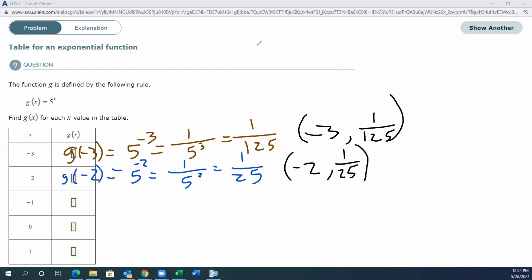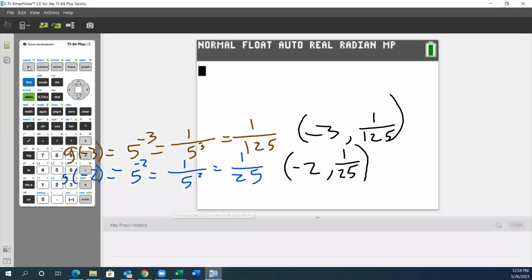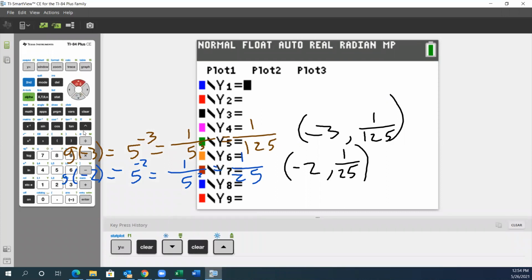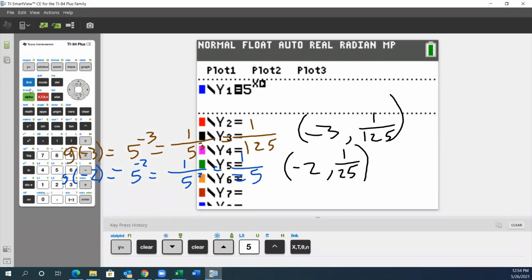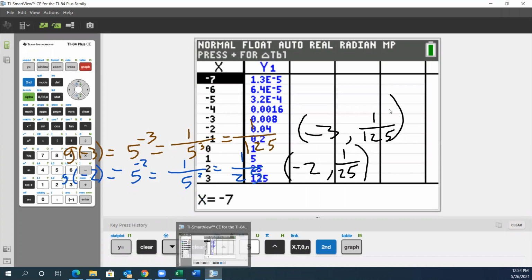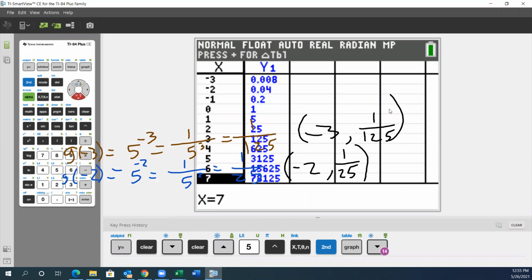Is there an alternative method, you ask? Of course. I could go to the calculator, clear this stuff out, and just do the function 5 to the x power. We're interested in starting off with x equals -3.